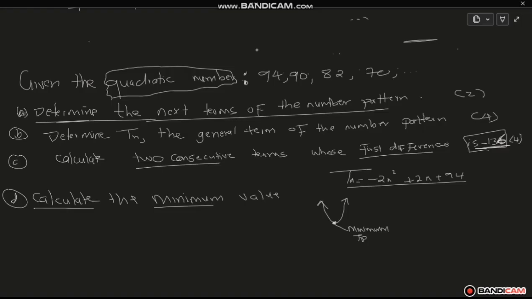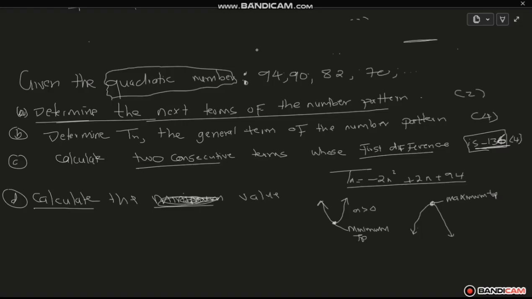This is when a is greater than 0, if the graph is happy. If the graph is sad, a is less than 0, then this part here will be known as the maximum turning point. So it will be the maximum turning point only if a is negative. It will be a minimum turning point if a is positive, as you can see.